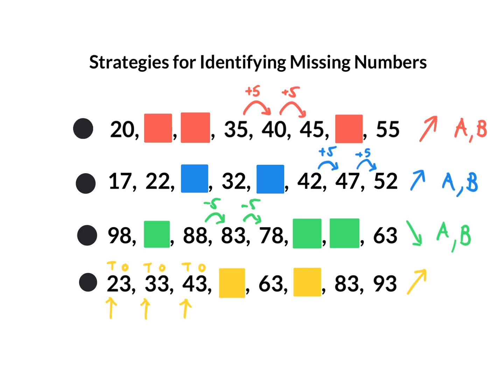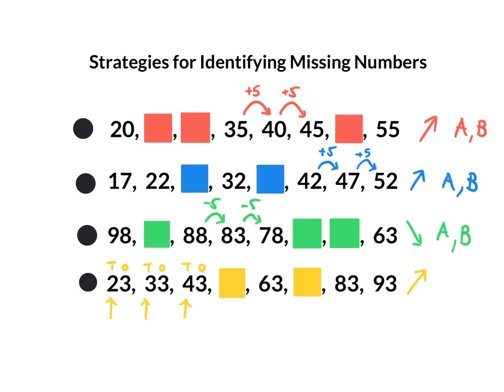Let's have a look at the yellow string. The yellow string has numbers that are increasing. So the string is increasing in value each time, 23, 33, 43. But what is the number that's changing? If I look at the 10s and the 1s column, I can see that my 10s column is changing each time. 23, 33, 43.